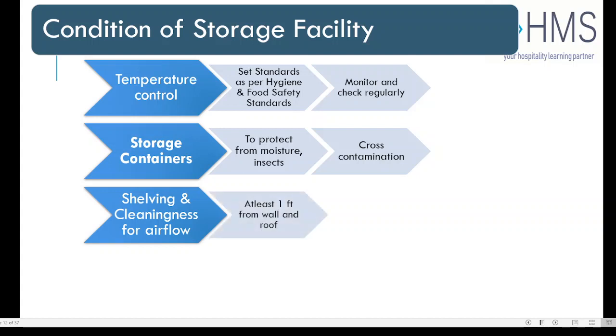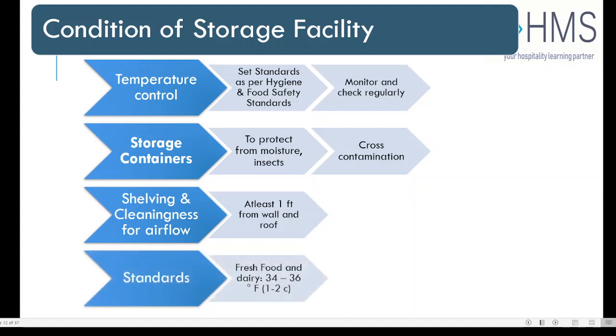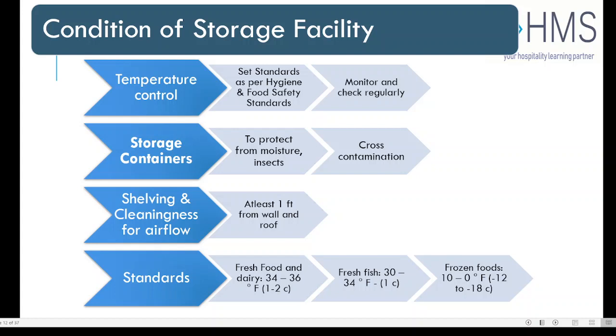For shelving, usually there is a 1 foot gap from the wall and the roof. The temperatures are 34 to 36 degrees Fahrenheit, or 1 to 2 degrees Celsius, for fresh food, and 30 to 34 for fresh fish, and frozen is -12 to -18. So that's a very basic standard for a general storage facility.